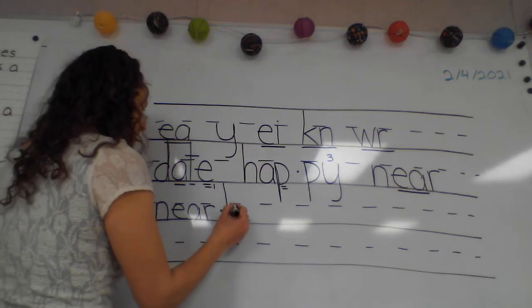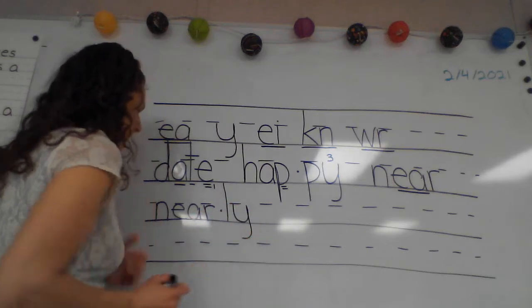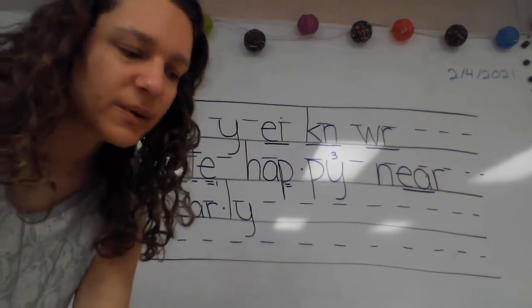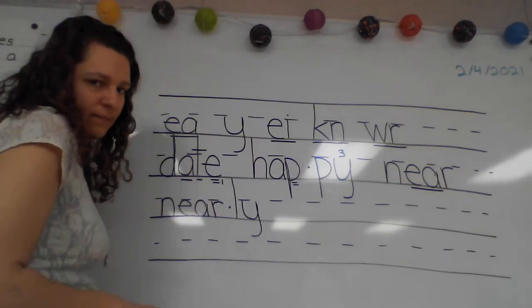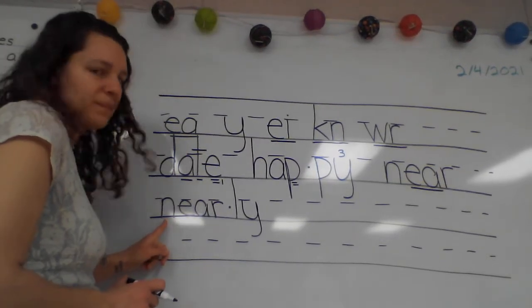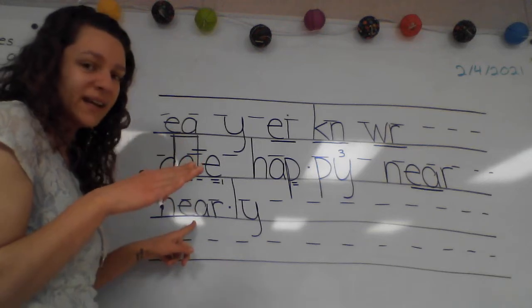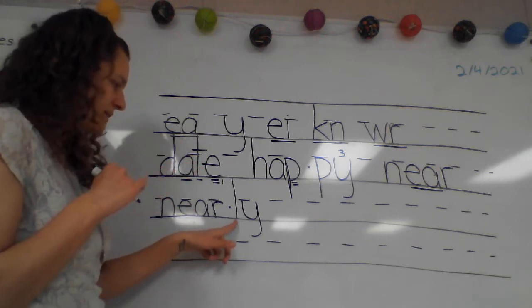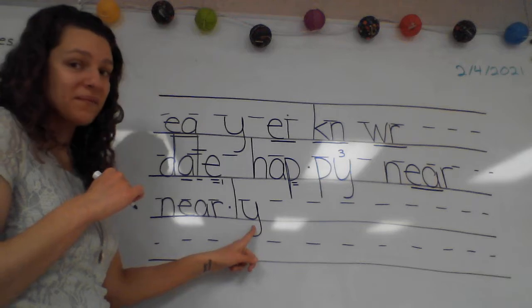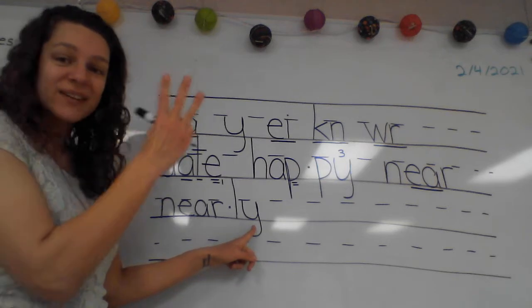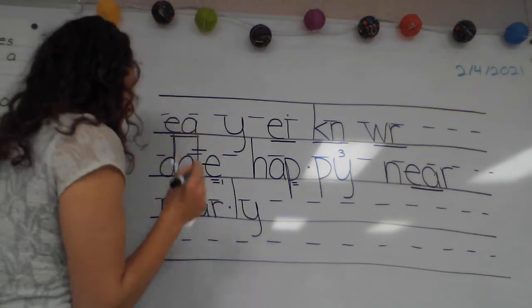Good, I-E. All right, make sure your word looks like mine. Does this need a marking? How about this one? Good. This? How about this one? It's saying E. That means every time it says E, it gets this. All right, mark it.